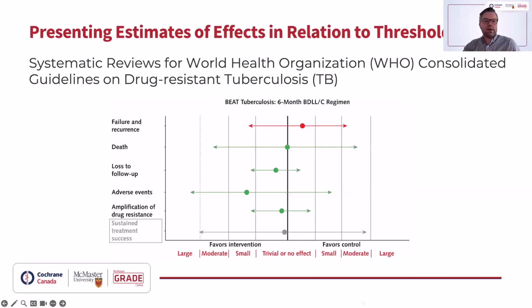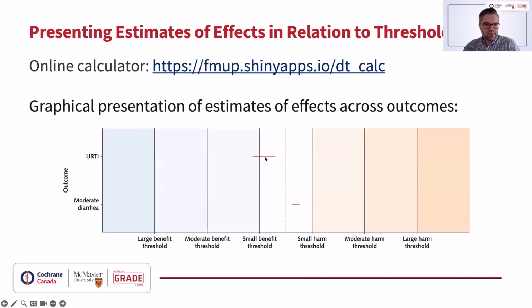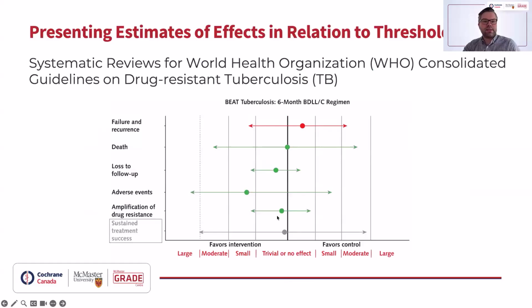But presenting the figure in this way helps us communicate the estimates of effects in terms of their magnitude. So we see both here and in the figure here. Here it's just missing the point estimate, but assuming it's in the middle here, this would be for moderate diarrhea. This is a trivial or no important effect. Likewise, for URTI, this is going to be trivial or no important effect. And then here, likewise, you can see for the point estimates where they lie.